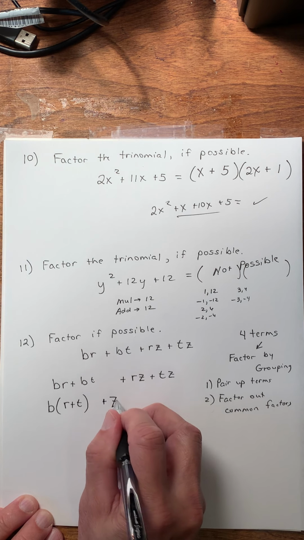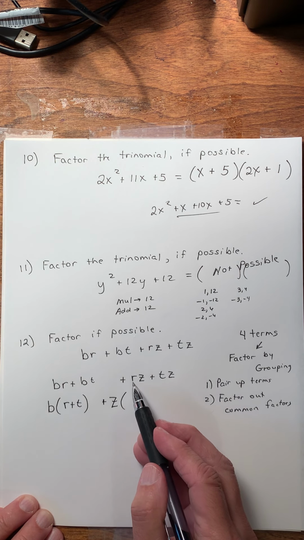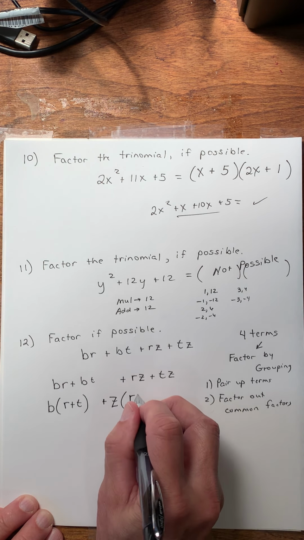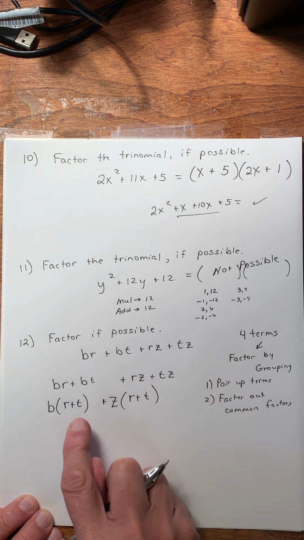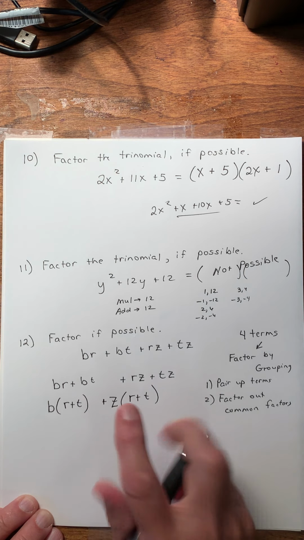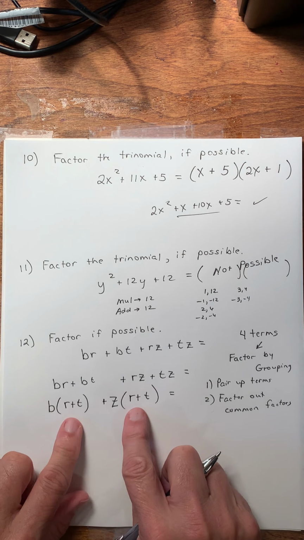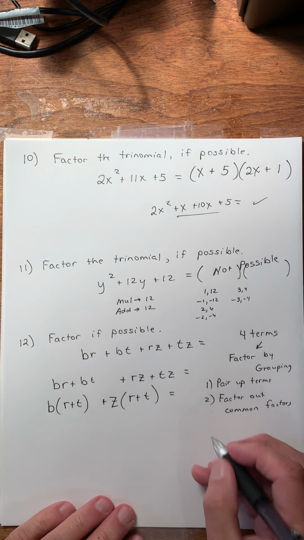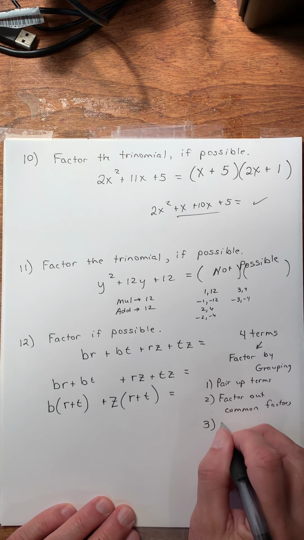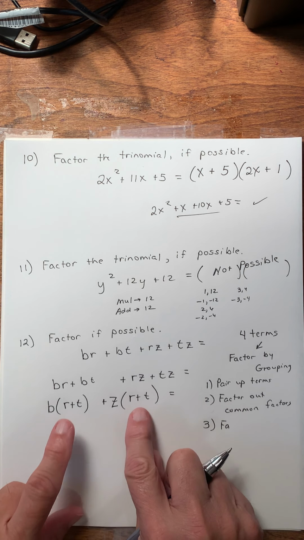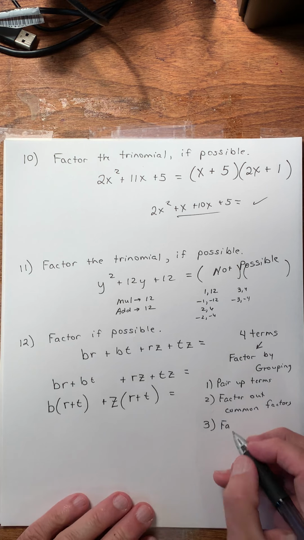A Z. Factor it out. What does it leave? R plus T. Now, these guys have to be identical, because my next step is to factor out the common binomial factor.